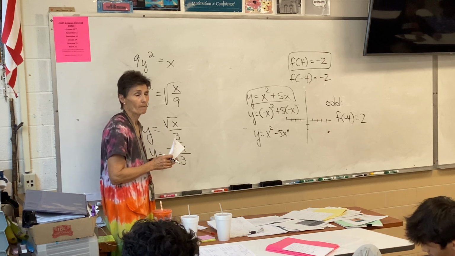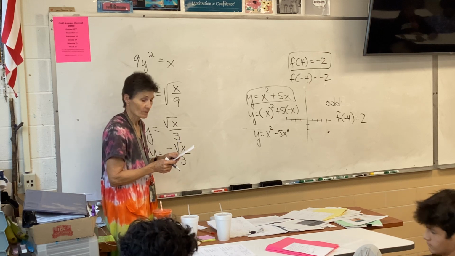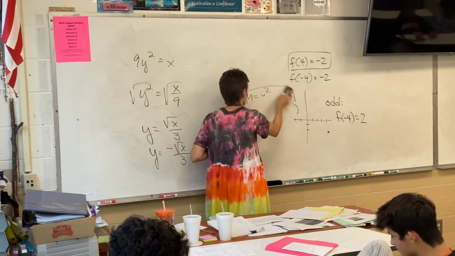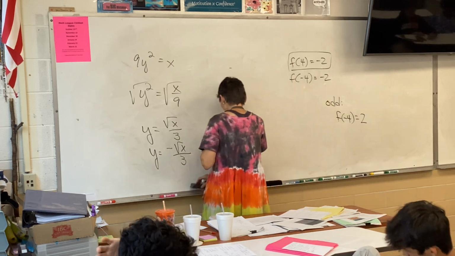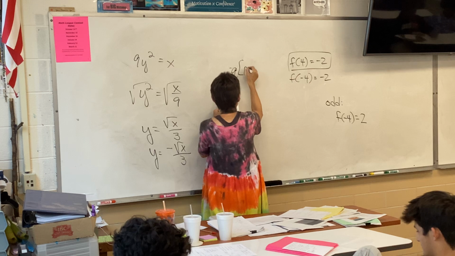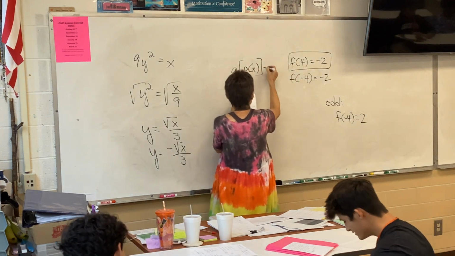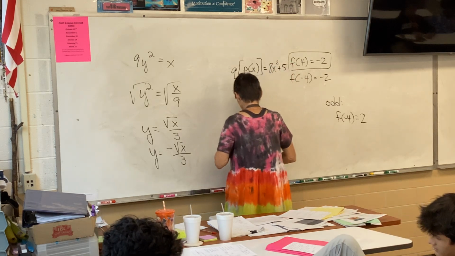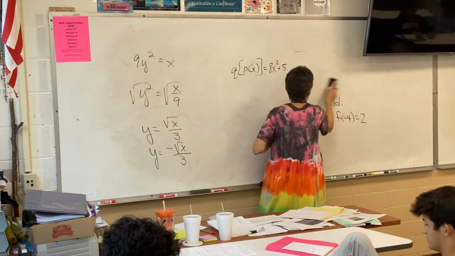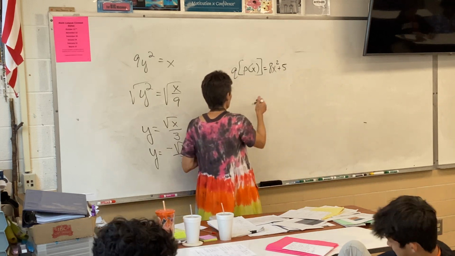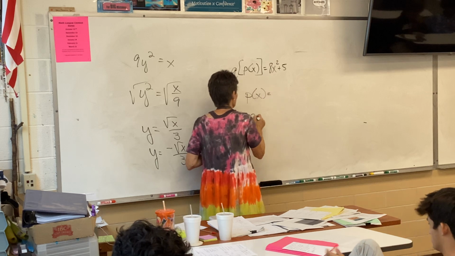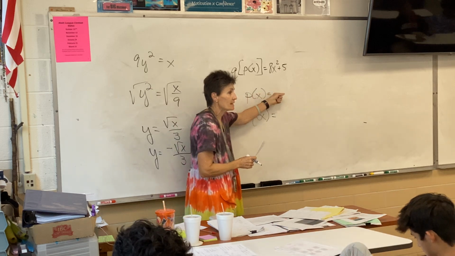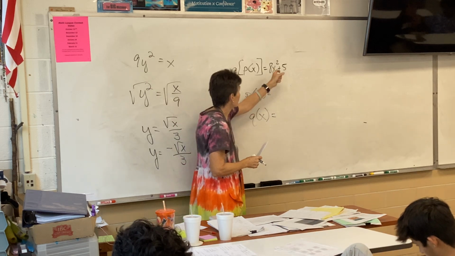All right, what else? Do number 4. We want the composition. Someone has built the composition already, Q of P of X, and come up with 8x squared plus 5. Our job is to work it backwards and figure out what are the 2 little functions that if you put the P into the Q, you would get that.